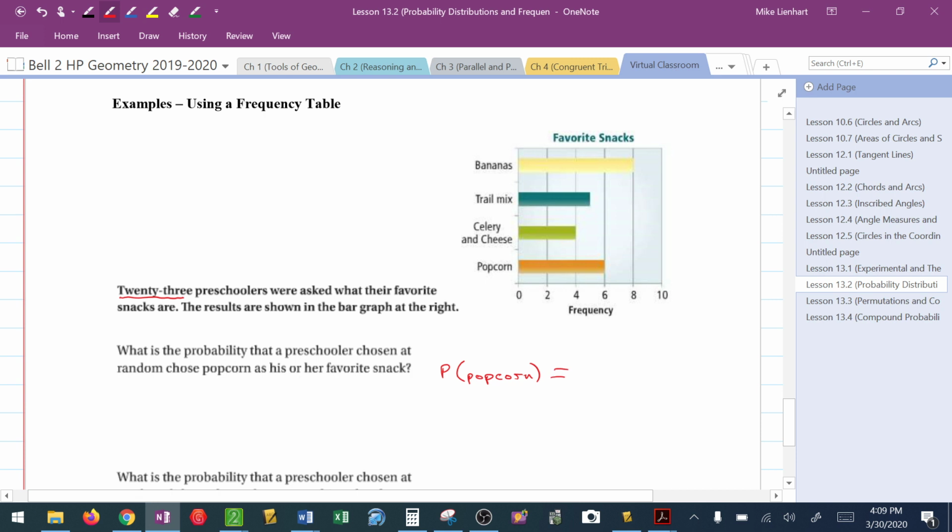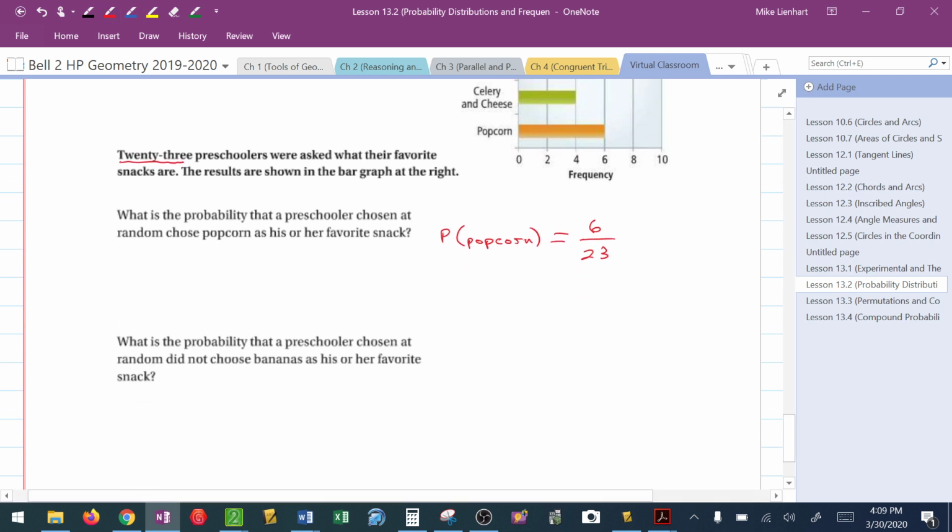Sorry, I misread that. Remember, probability is always success over total. So our success of popcorn would be 6, and I know our total is 23 because we determined that from the directions. I didn't even need to take the time to add them all up.